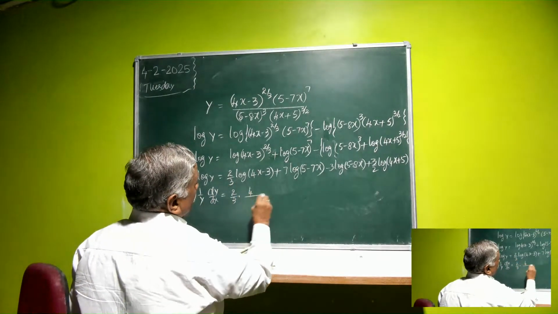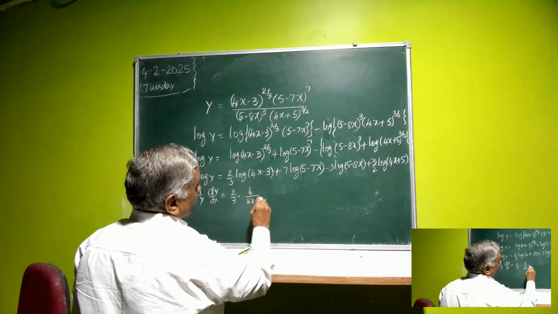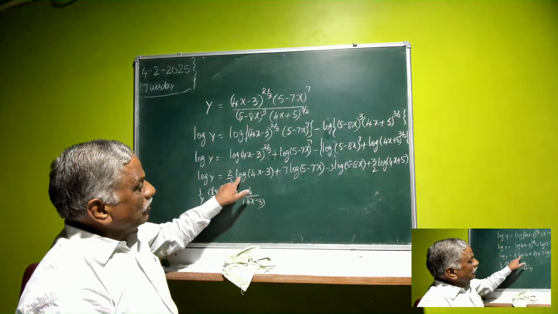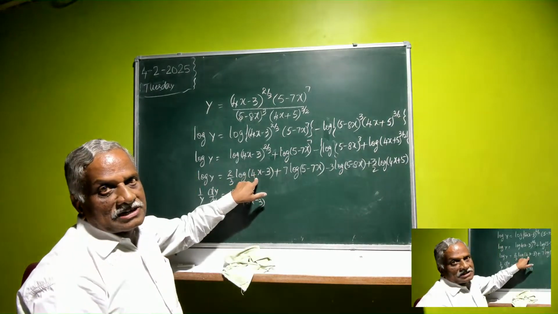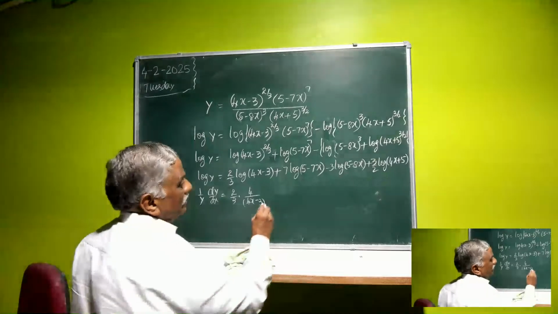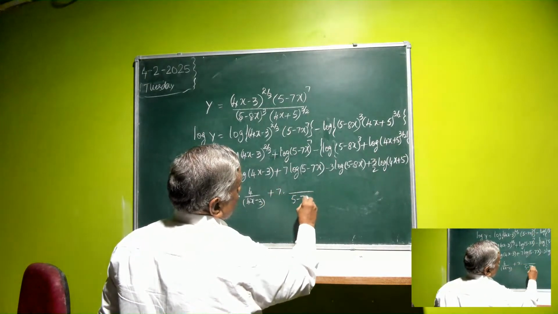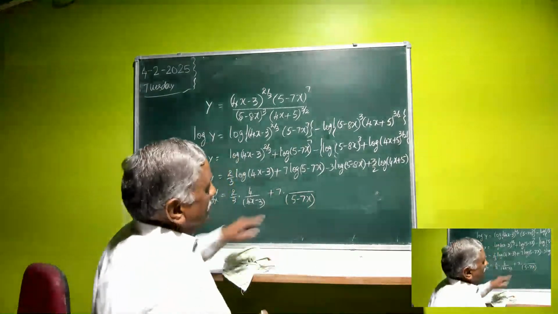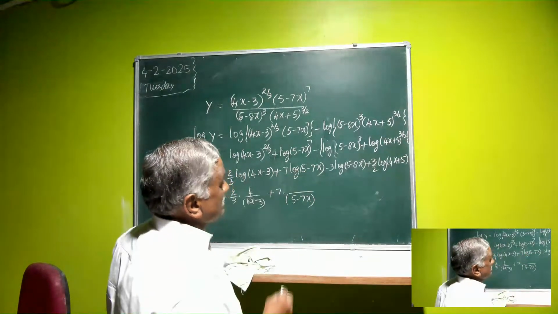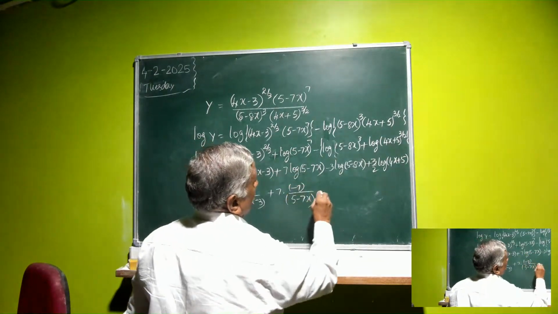So this is 4 over 4x minus 3. How do you get 4? First, logarithm gives 1 over. Differentiation of 4x is 4. 3 is a constant, 7 is a constant. This is 5 minus 7x: derivative of 5 is 0, minus 7x gives minus 7.